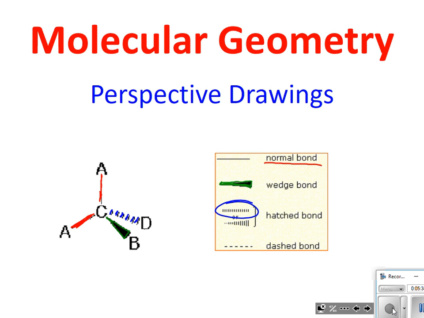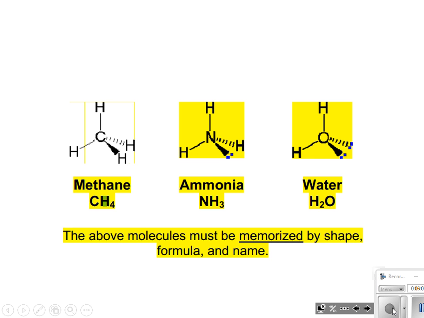One is in front, one is behind. The wedge is the one that's in front. The dashes are the ones that go behind. That is all that that perspective drawing is signaling right there. All right? So, the perspective drawing allows us to show the geometry, the shape that those bonds are occurring in, even though we have a two-dimensional setting.